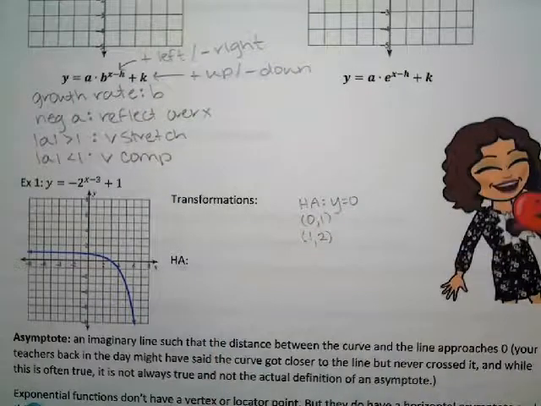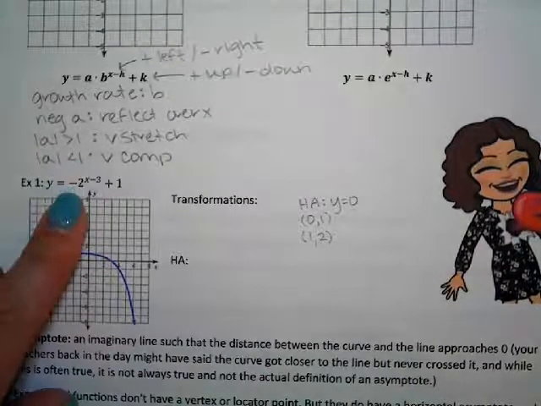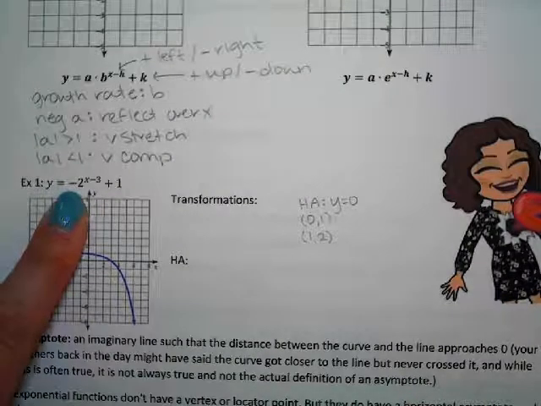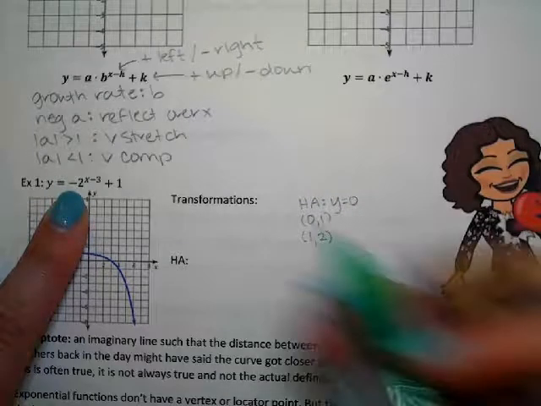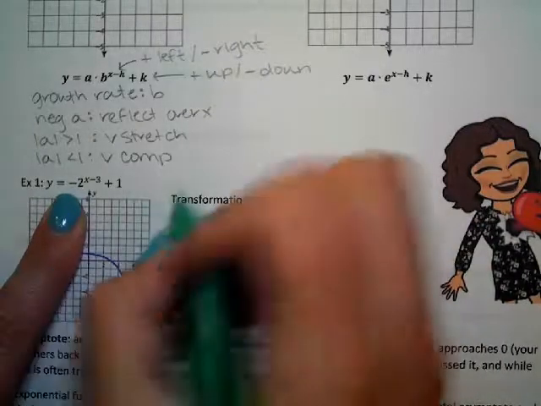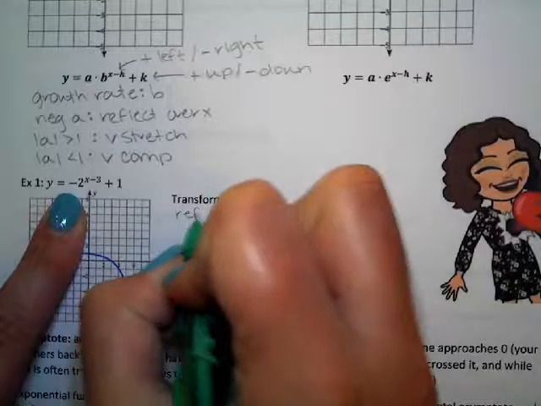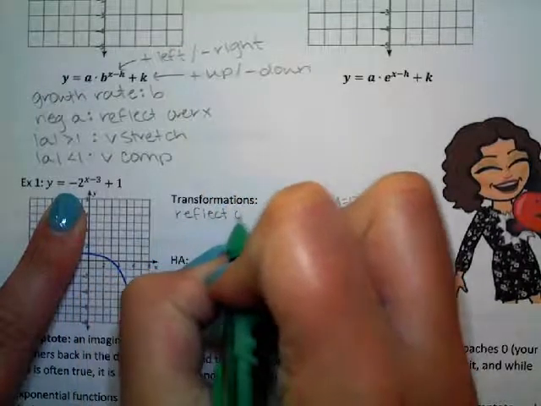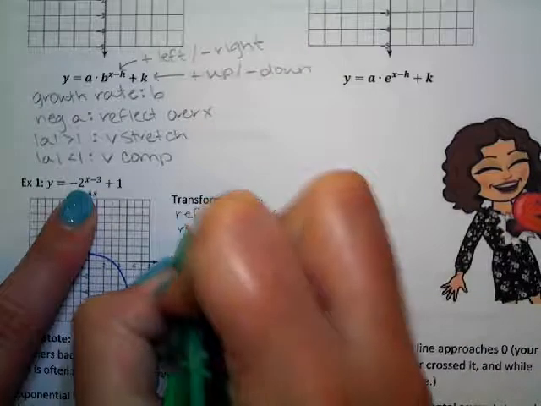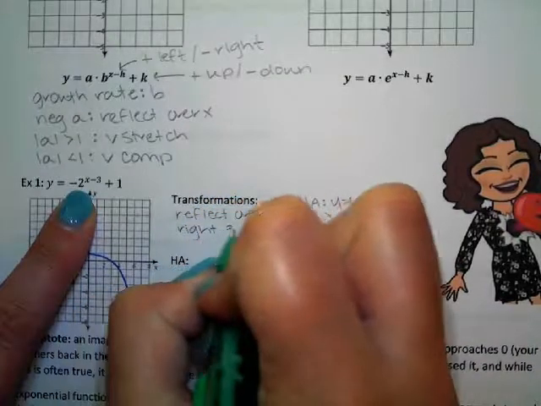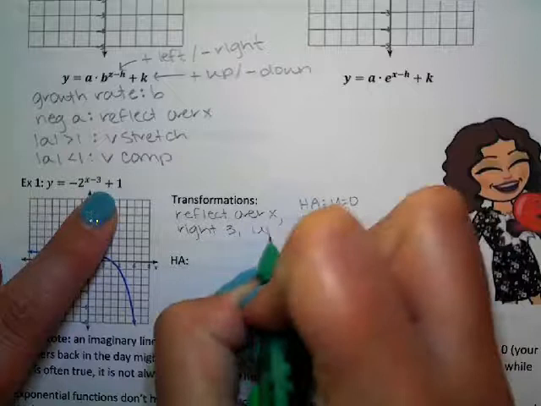And then if we were to go through and do all the different transformations on these important pieces of information, we would have a reflect over x, a right 3, and an up 1.